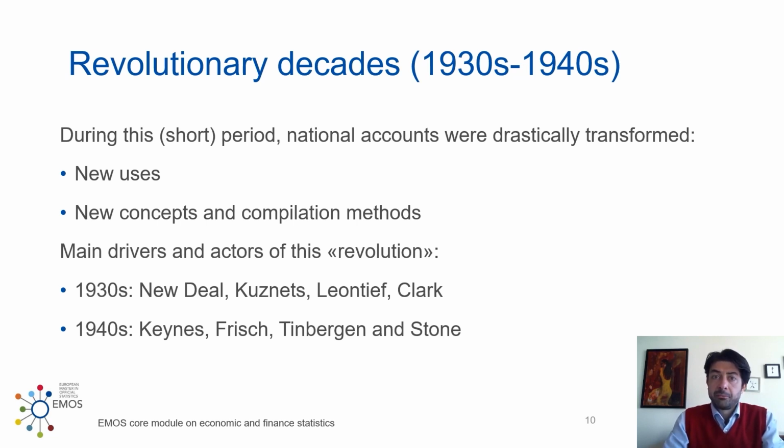caused loss of income. But then the Second World War came, and the priorities of the politicians shifted towards production. They wanted to have information about what could be produced and what were the necessary inputs to produce the goods that were necessary in a war economy.